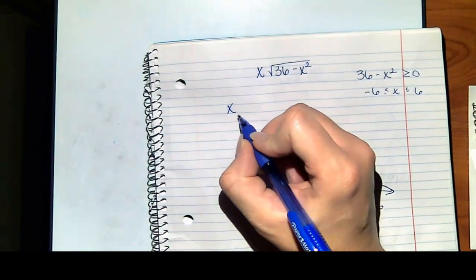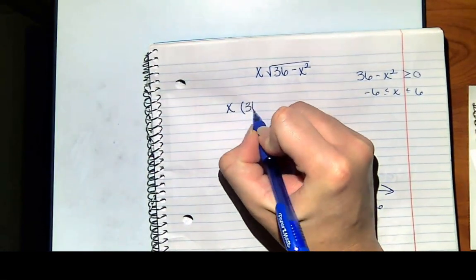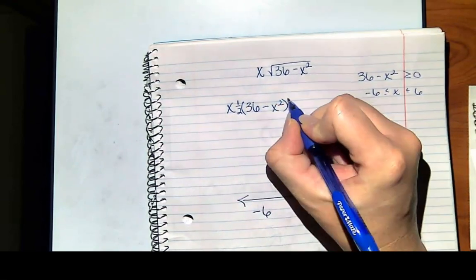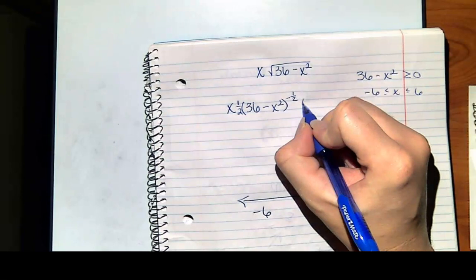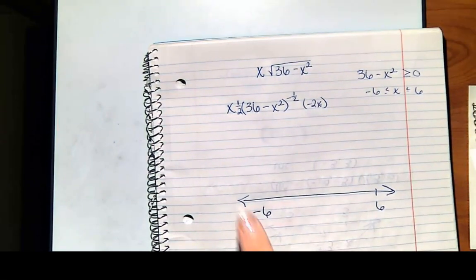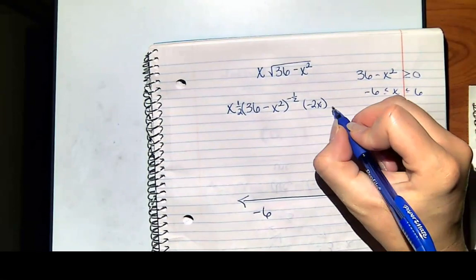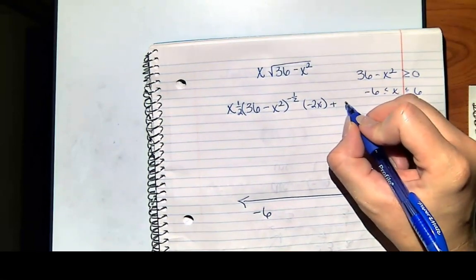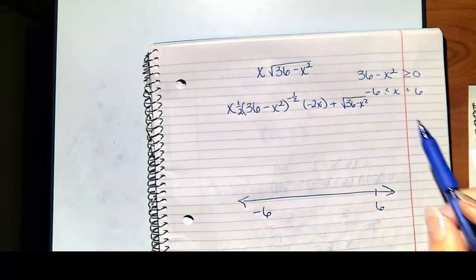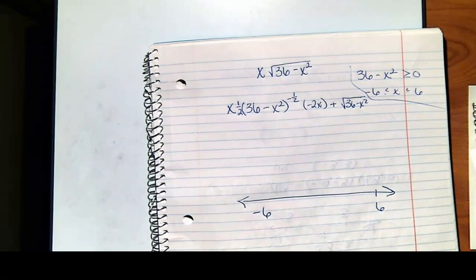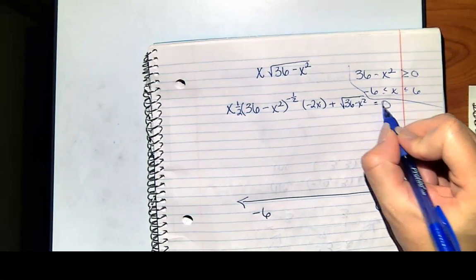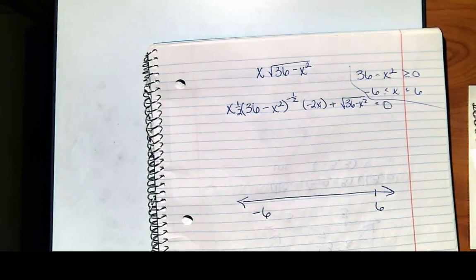All right, so derivative of the second means I have a 1/2, drop your exponent by 1, times the derivative of the inside. So I have first times the derivative of the second plus the second times the derivative of the first, which is 1. All right, so I'm going to clean this up. Remember, that's getting set equal to 0.